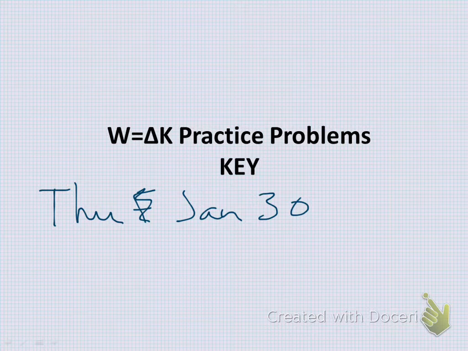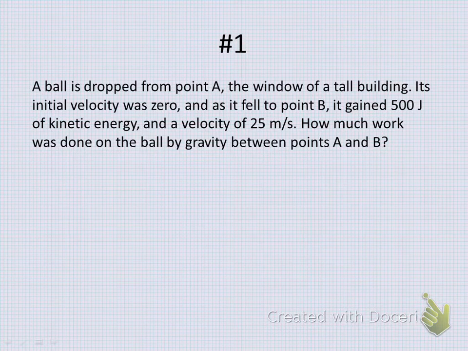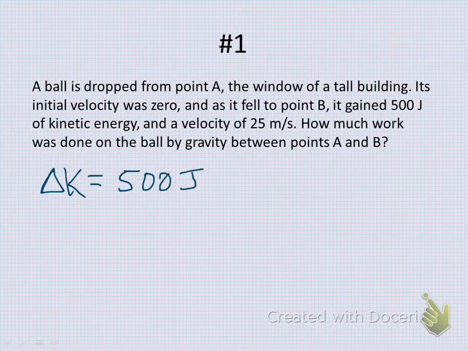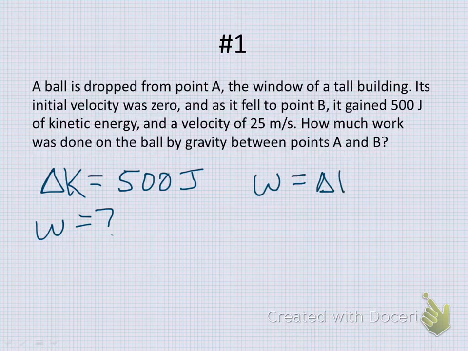So here we go. Number one is actually a problem that doesn't require as much work as you might think. It has a lot of information, but basically it's telling you that there's a change in kinetic energy as the ball falls of 500 joules, and then it asks you how much work gravity would have done on the ball between points A and B. And because of the work is equal to the change in kinetic energy theorem, they gave us the answer right here.